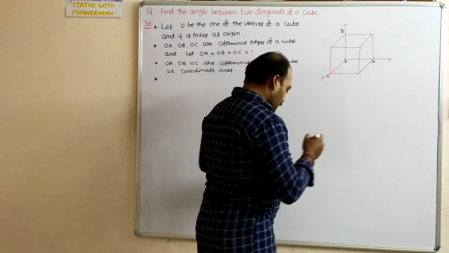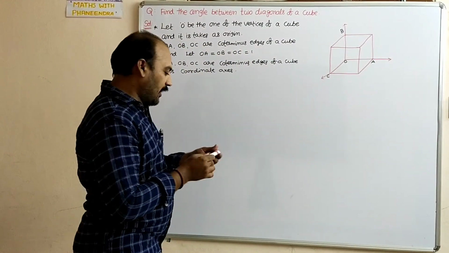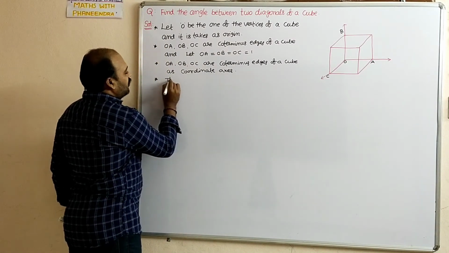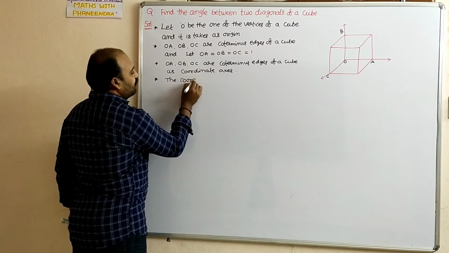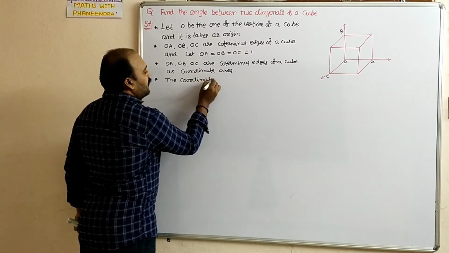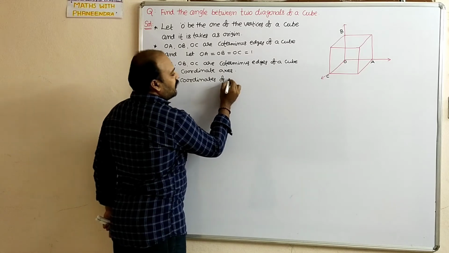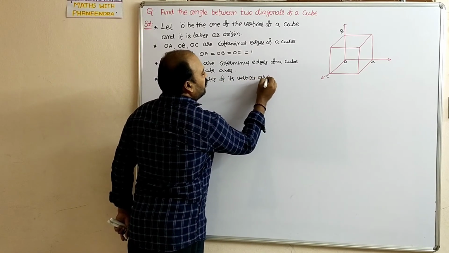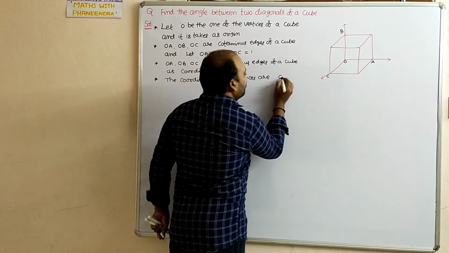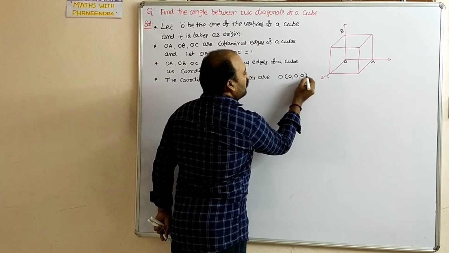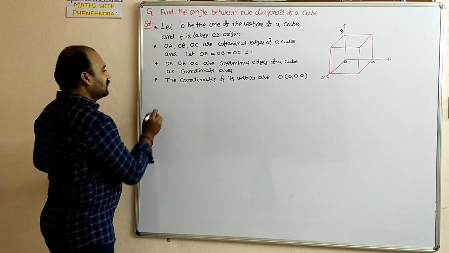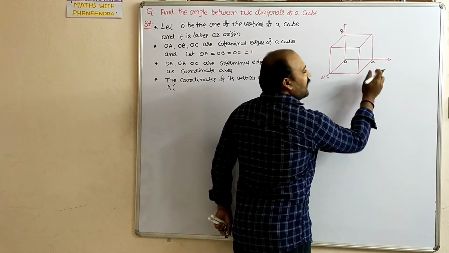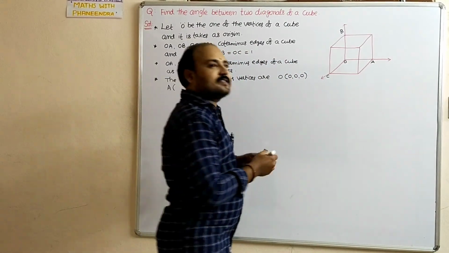See here, the vertices we need to write also. The coordinates of its vertices are, first, origin 0, 0, 0. Next, observe the figure, A point lies on the x-axis.